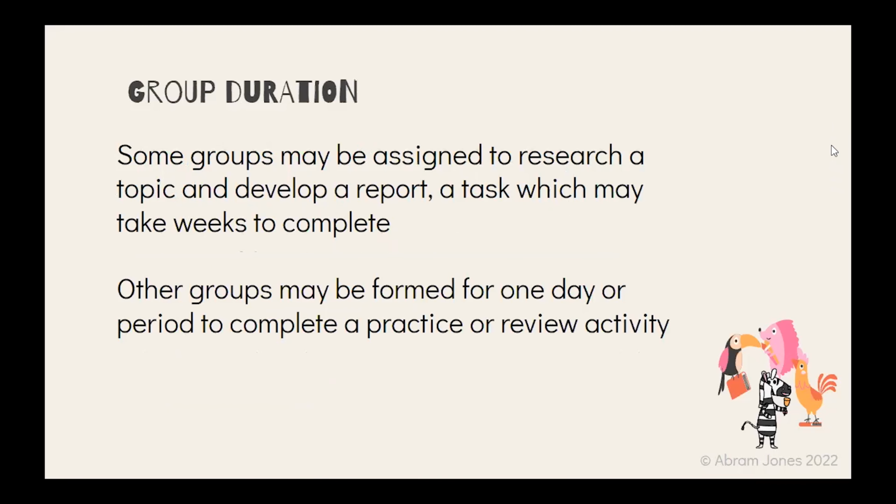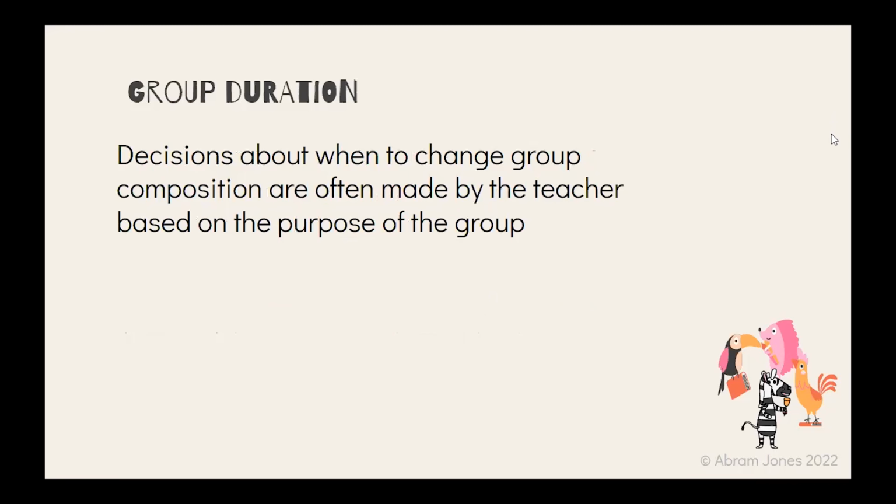Some groups might be assigned to research a topic and develop a report. This is a task that could take weeks to complete. Other groups might be formed for one day or one class period to complete a practice or review activity. And decisions about when to change group composition are often made by the teacher based on the purpose of the group.